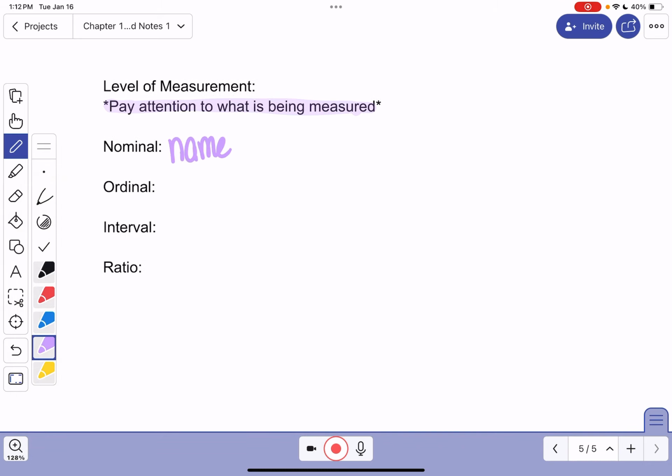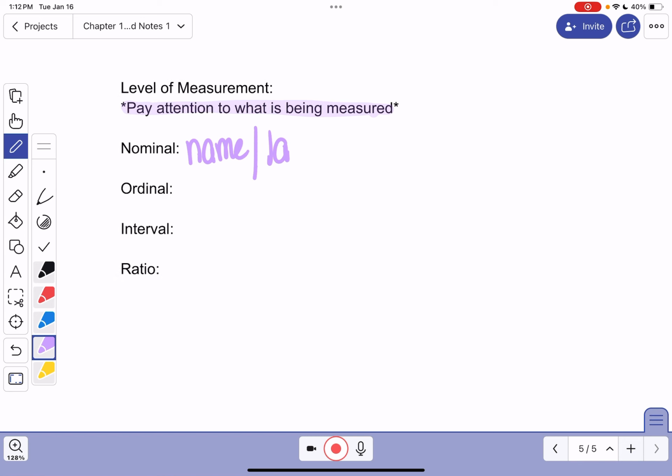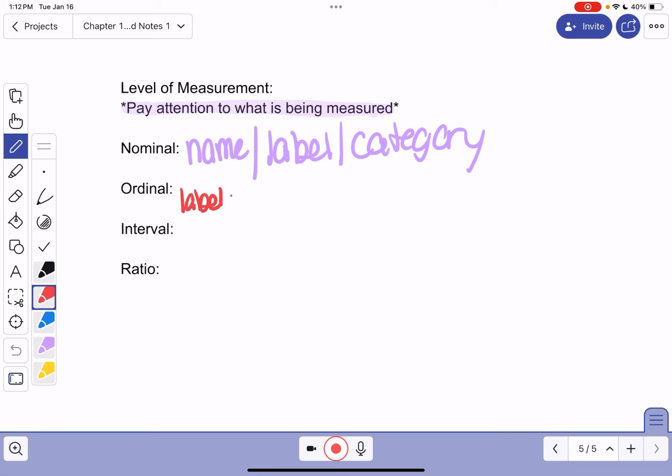It labels or categorizes: name, label, category. You can't arrange it. Nothing's better than the other. So like a color, pink, yellow, green, blue, well, I personally can arrange it, but I can't in a study say this is better than that. So it's just names.